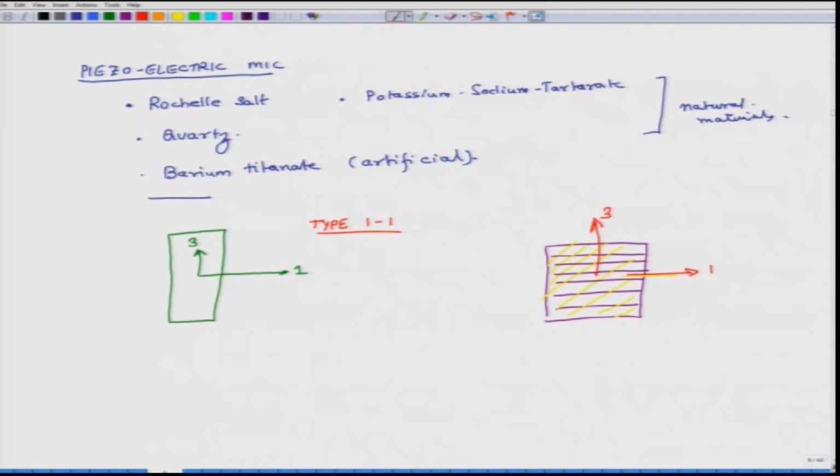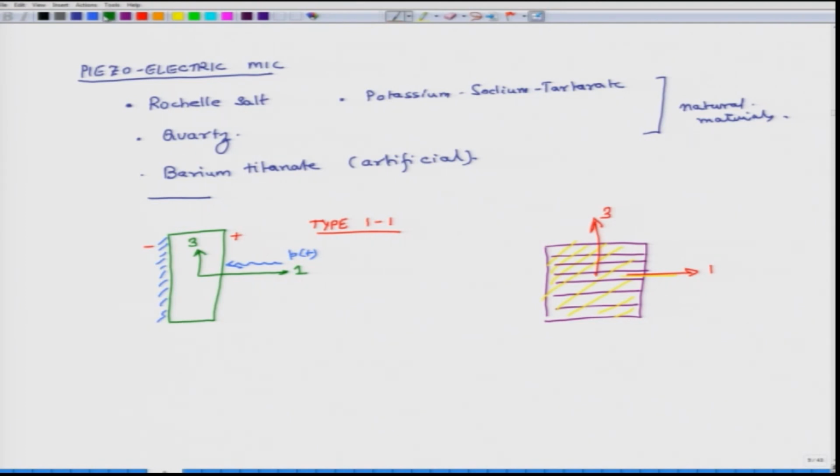What that means is that, let us say this end of the crystal is fixed, and if I apply pressure here, then the potential difference which gets generated is also in this direction. My potential difference gets generated across these two surfaces which are normal to the 1 axis. So, this is type 1 1.